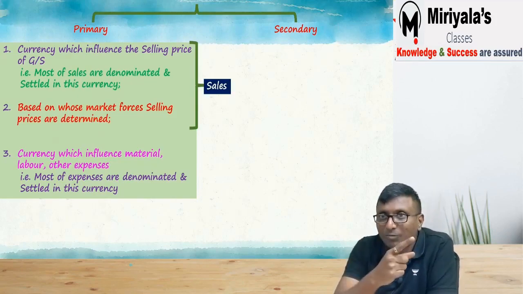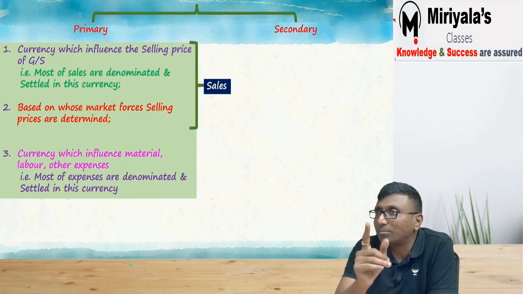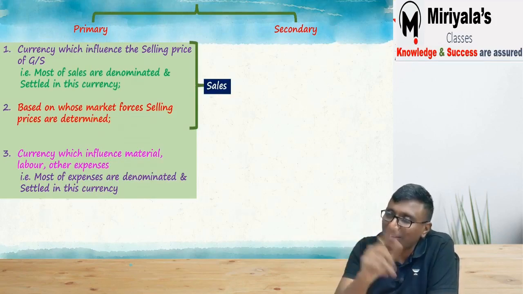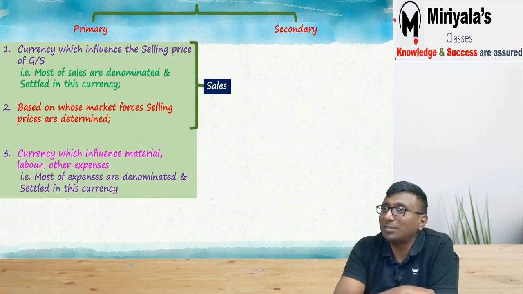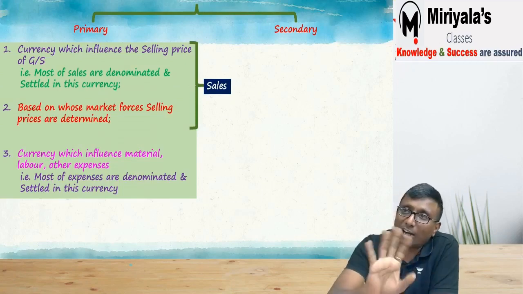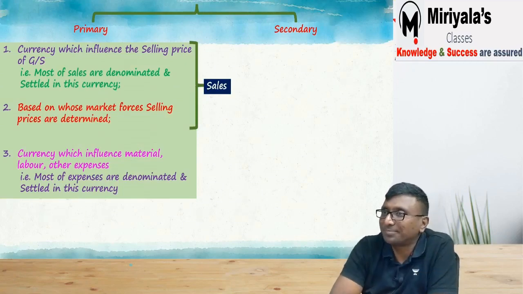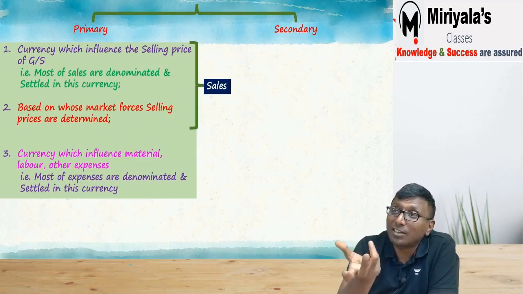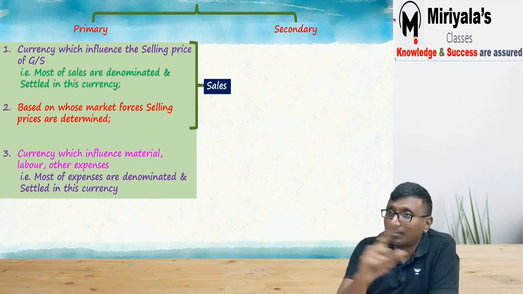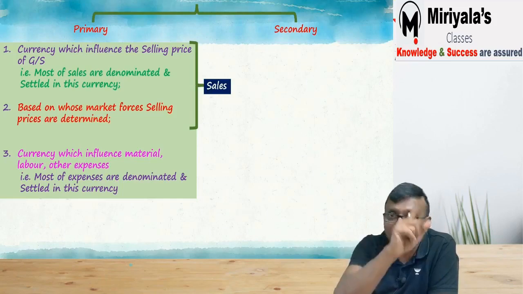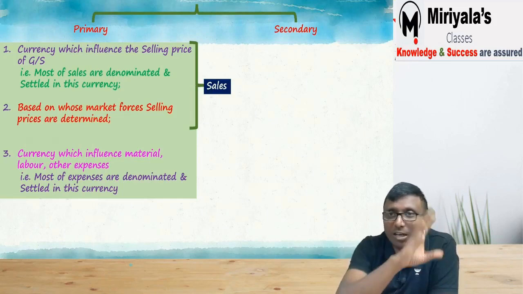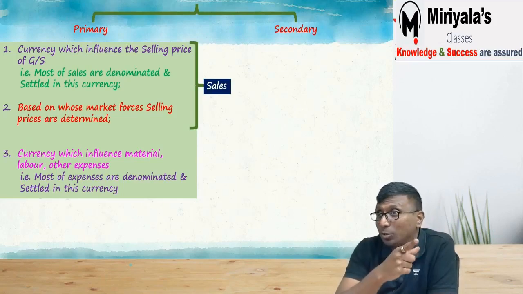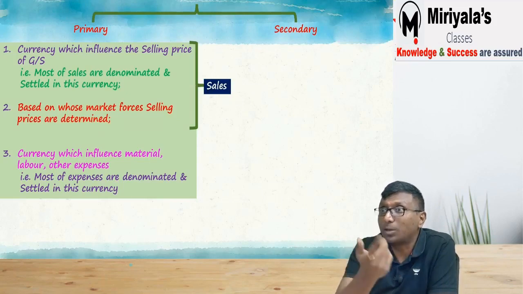If you buy one barrel from a Gulf country, you have to pay in dollars. Why? Because the dollar is easily exchangeable anywhere in the world. That's why they collect only dollars, not their own currency. So their major sales are in which currency? Dollar. Dollar gets 1 mark for that company. I know Indian standards are not applicable to them, but IFRS is applicable to them. The Gulf is adopting IFRS.